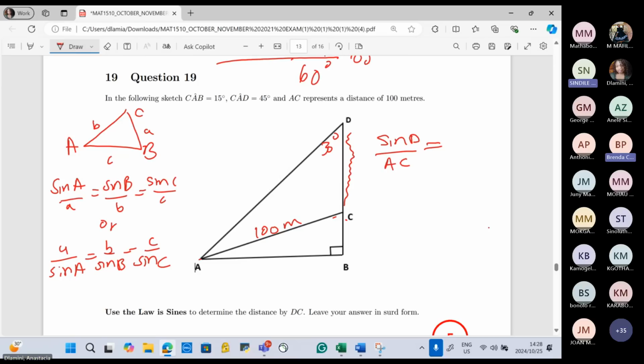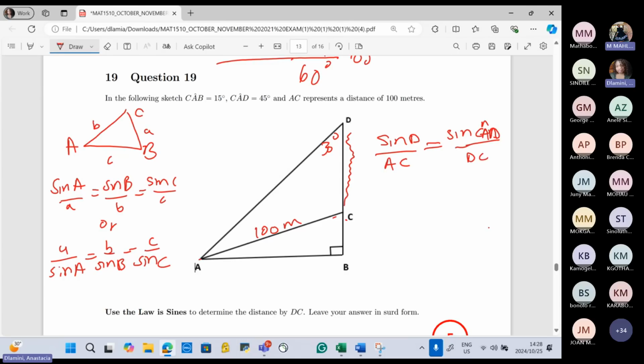Sine CAD. Why are you choosing sine CAD? Sine CAD over DC.